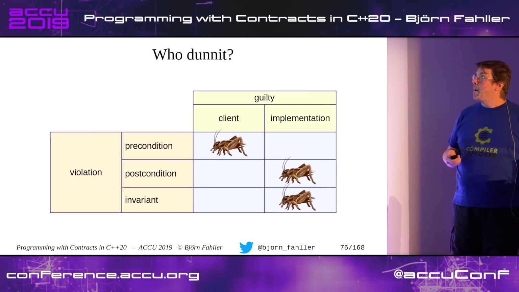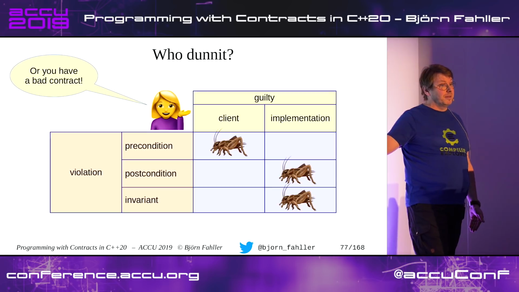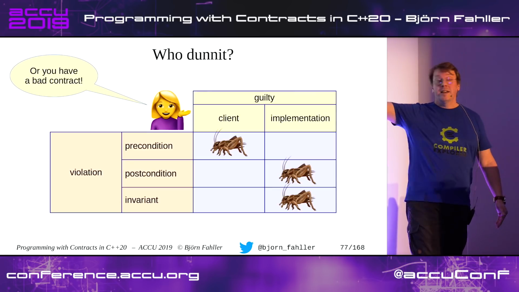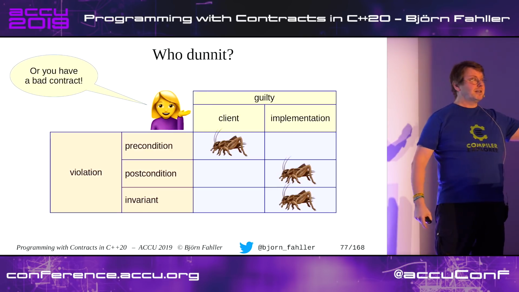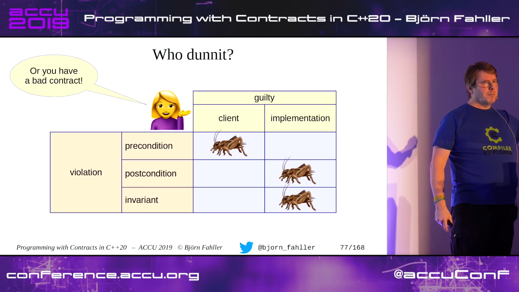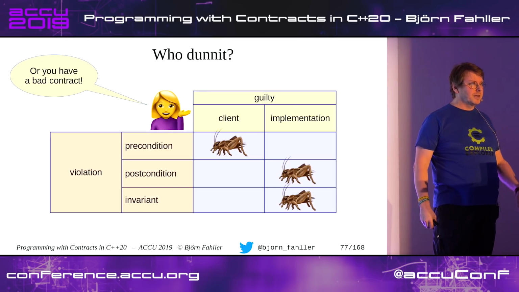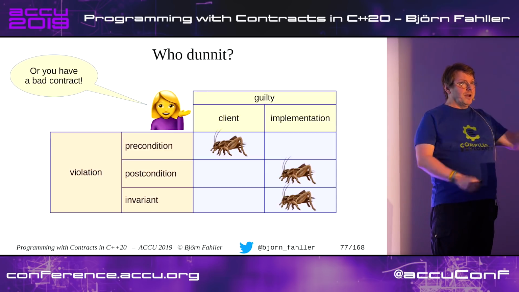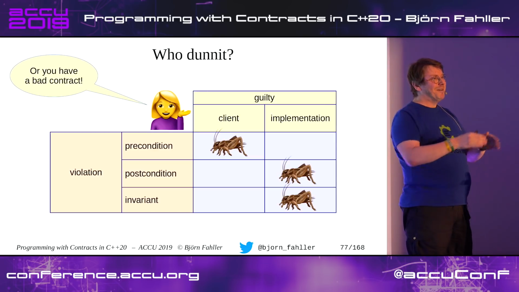Implementation. Yes. Or we have a really bad contract that states something that it shouldn't state. I mean, we can't say that the next call to malloc must give me exactly this address. It's not a good contract. Or we can say that the next call to high_resolution_clock::now must be this time point. It's a very bad contract. It will almost never be true.